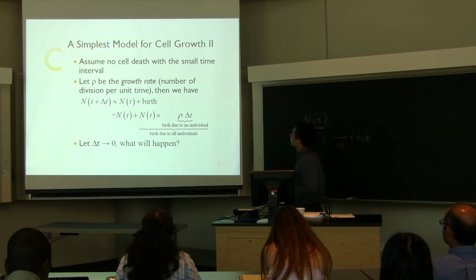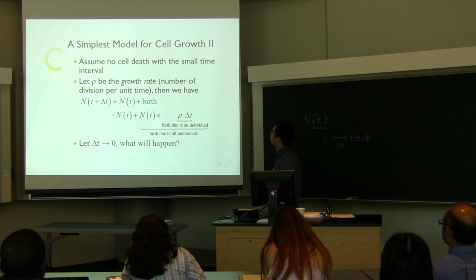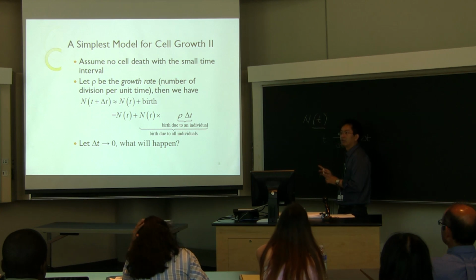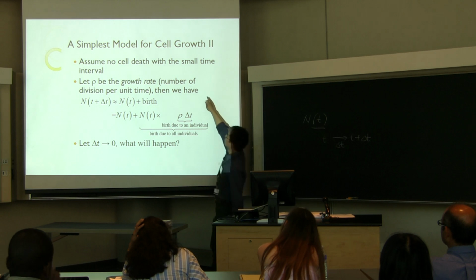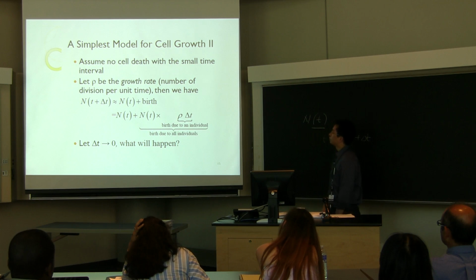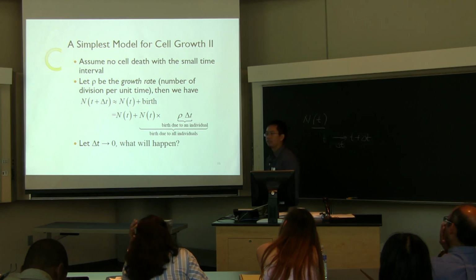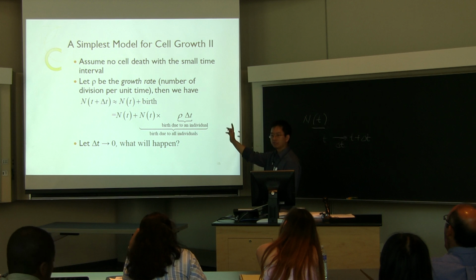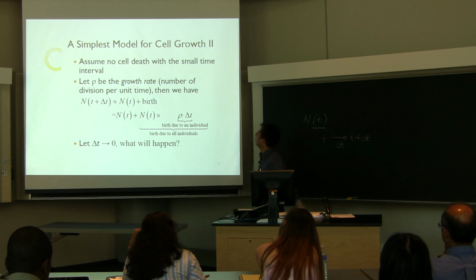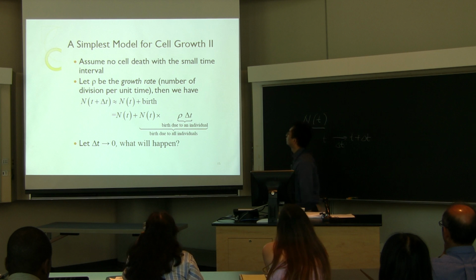Now we use rho as the growth rate, which is the number of divisions per unit time, per cell. That's the meaning of rho. It's the number of times one single cell can divide per unit time, not delta t.